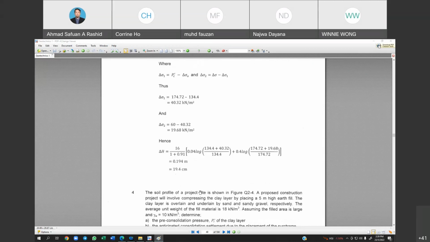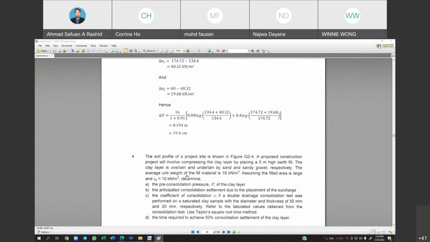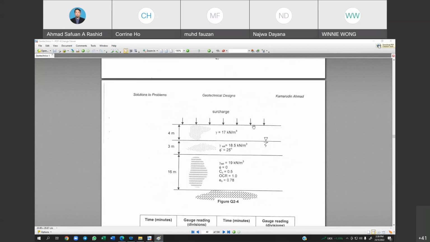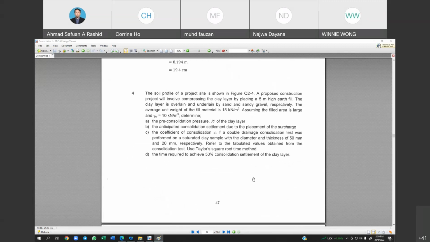So now we move to question number 4. The soil profile of a project site is shown in figure Q24. A proposed construction project will involve compressing the clay layer by placing a 5-meter high earth fill.